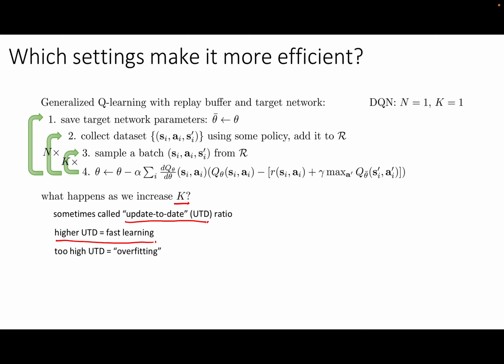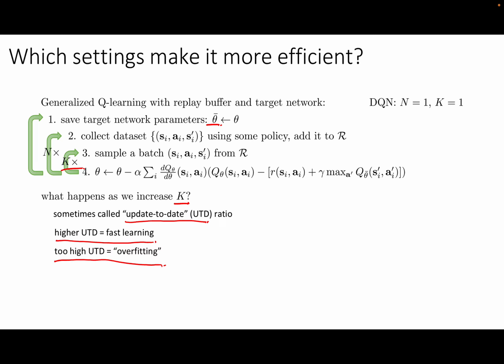With the same target network, we update our theta more, so that makes our training faster. But if we set K too high, then it might suffer from overfitting.